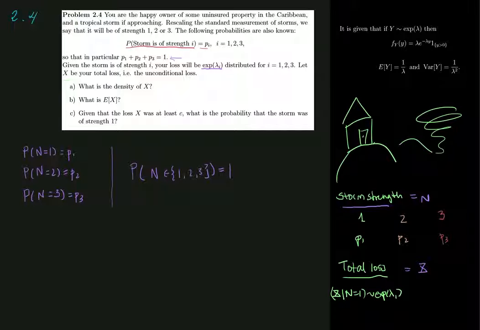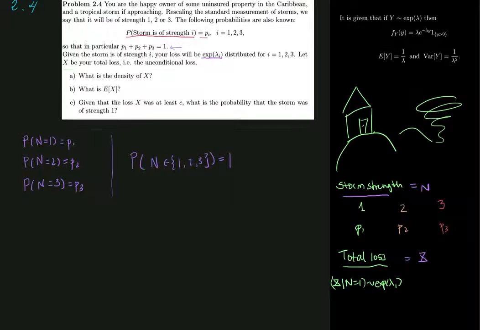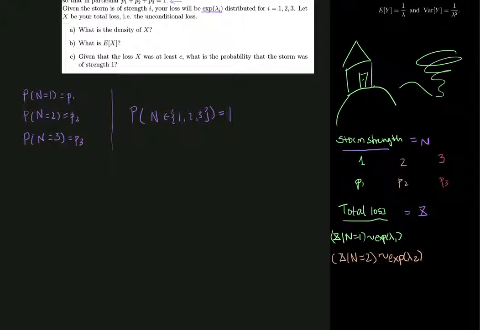And conditioned on the fact that N is equal to 2, X will be exponentially distributed with parameter lambda 2, and conditioned on the fact that N is equal to 3, X will be exponentially distributed with parameter lambda 3.